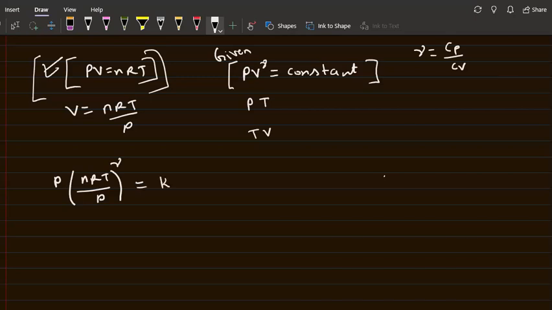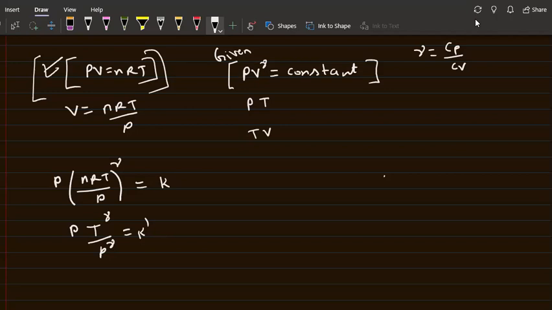Now I can say that this is P, and nR is also a constant. So constant to the power anything will be constant. T to the power gamma by P to the power gamma. Now this constant will be taken to this side, so it will become another constant K dash. I just cross multiplied nR to the power gamma because it is a constant, right?